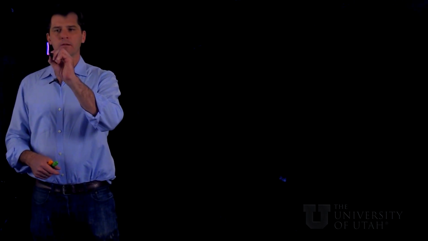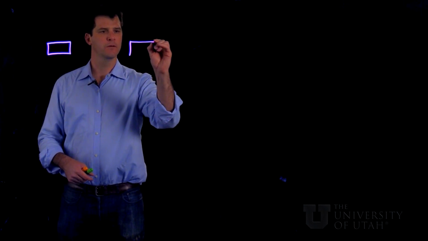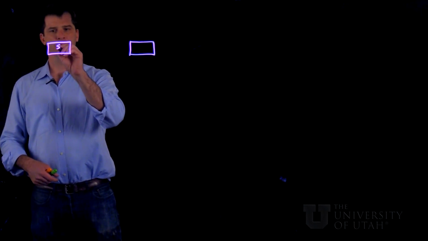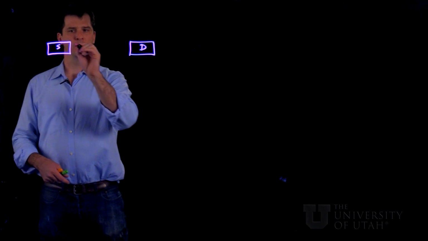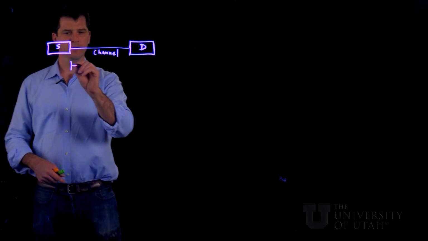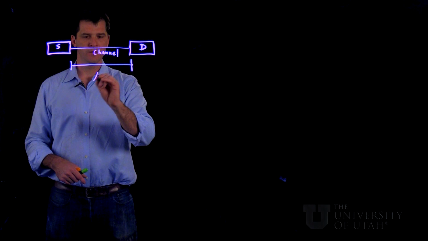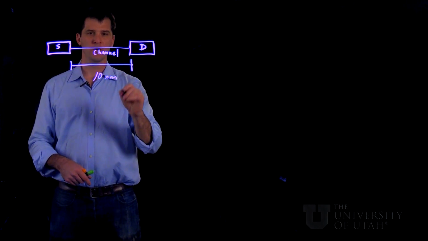So why is this velocity saturation important? Well, let's look at a modern day schematic MOSFET here. So we have our source and drain and our channel in between. And the channel lengths in modern devices are 10 nanometers or smaller.